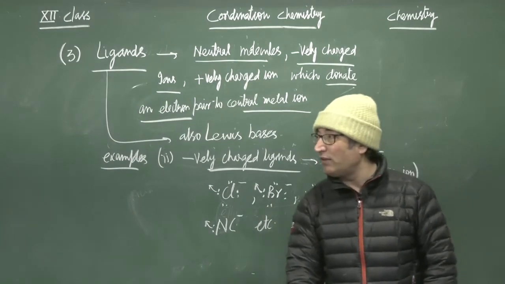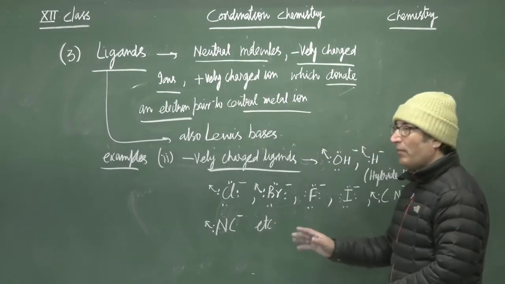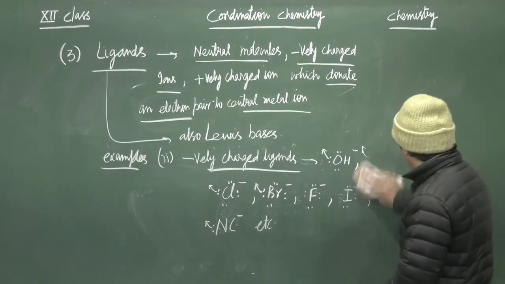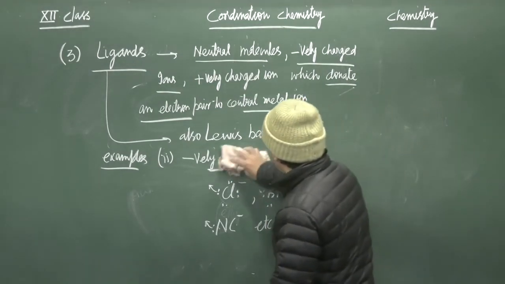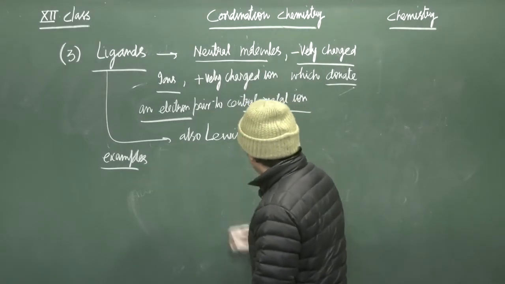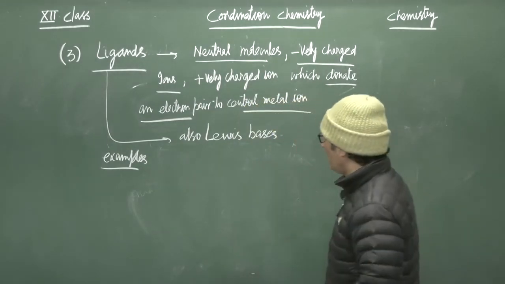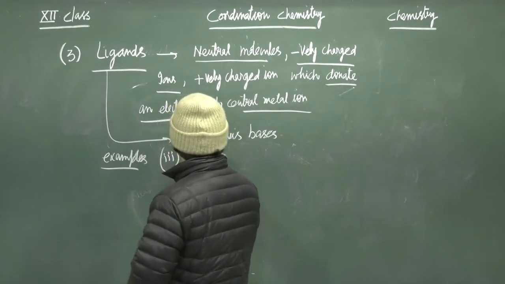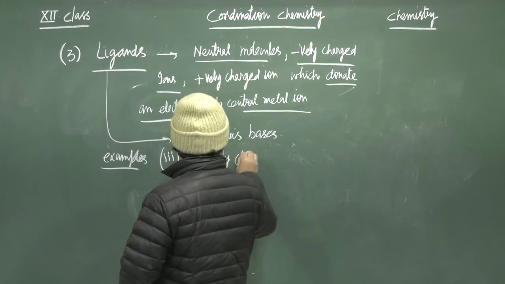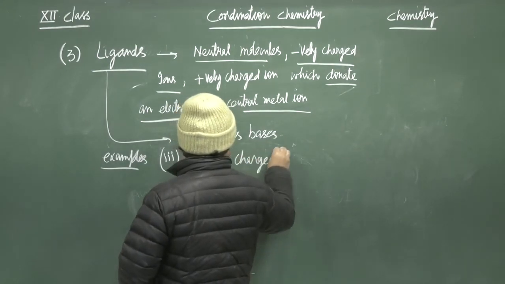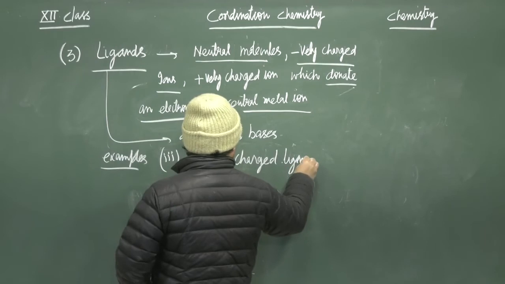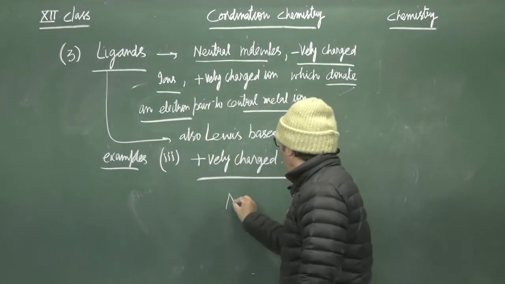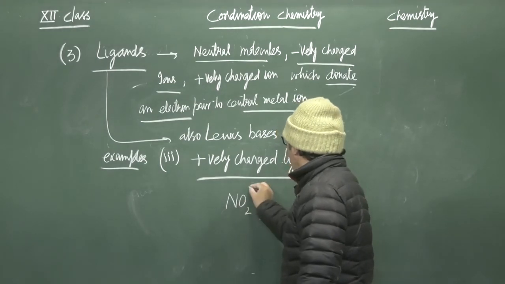Negatively charged ligands are very common, as negatively charged ions are electron rich. Then I told you in the beginning, you can have very rare positively charged ligands. One is NO2 with a net charge of +1.